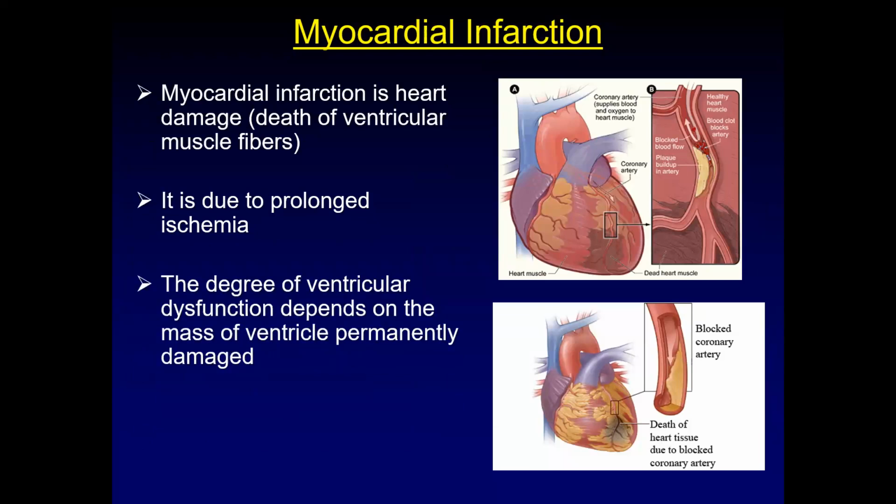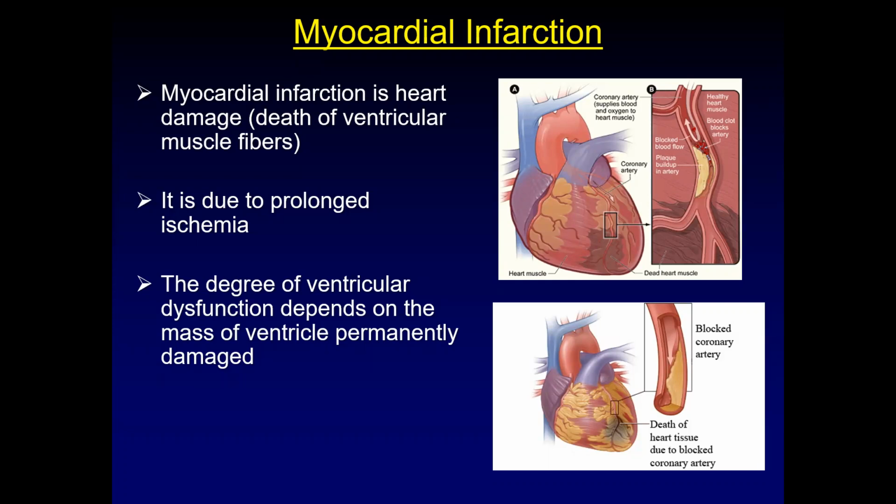Okay, so we've already talked about this a little bit, so we don't really need to go into too much more detail, but having a heart attack can be due to prolonged ischemia. You get death of this cardiac muscle, and as the cardiac muscle dies off, ventricular function especially is going to suffer.